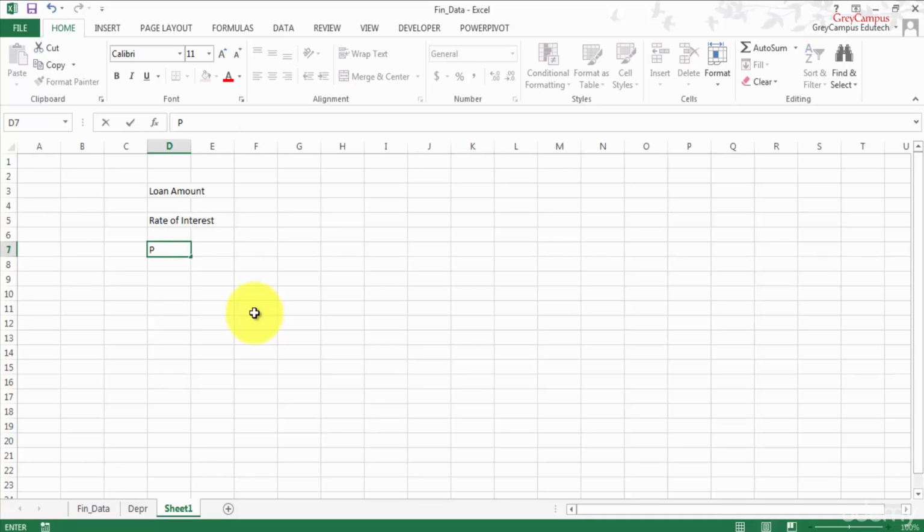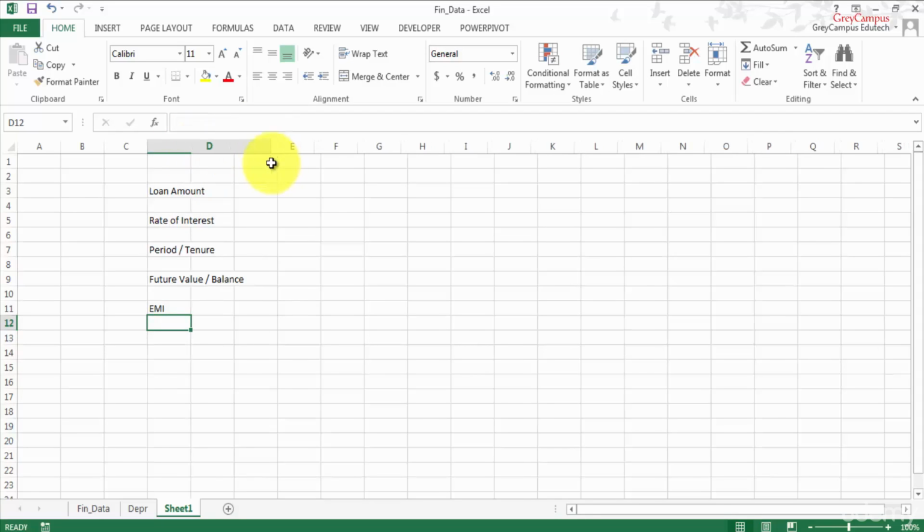Then we have the period or tenure, and then we definitely will have the future value. This is very important, or we can say a balance. Okay, and we have something called EMI. So these terms we have to understand first.